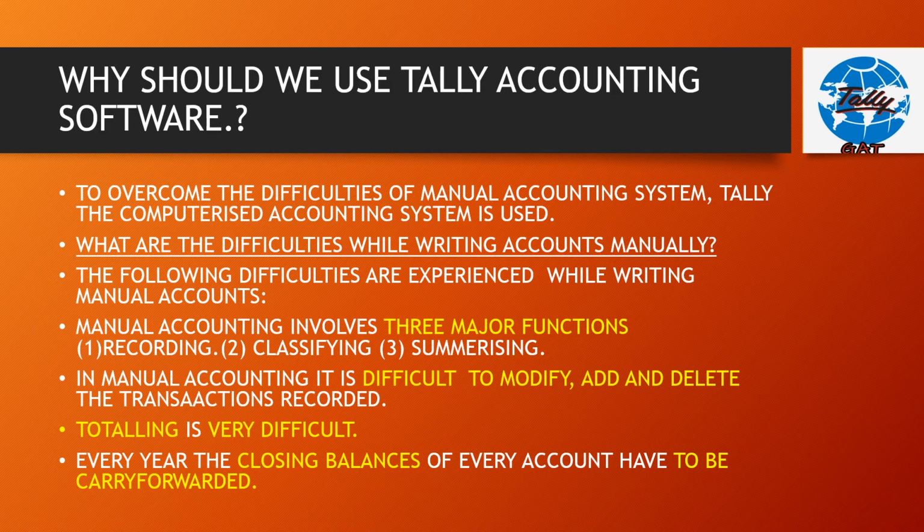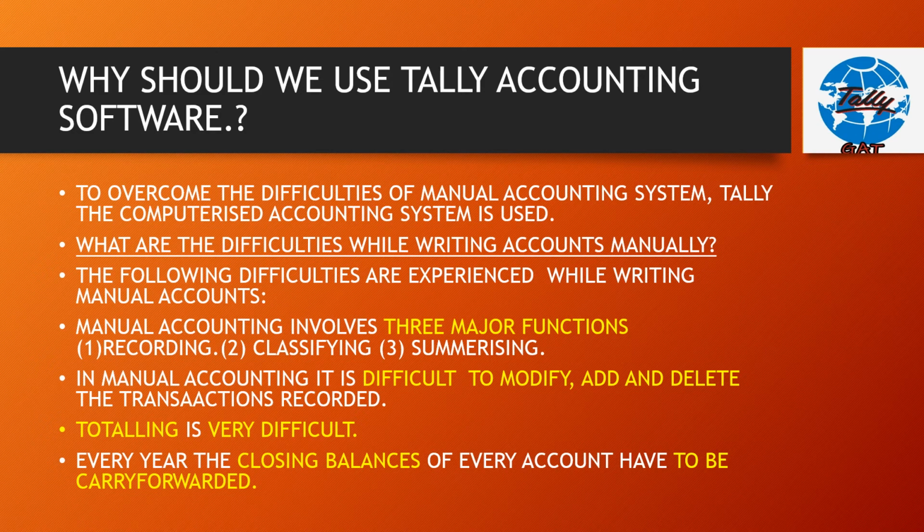Why should we use Tally accounting software? To overcome the difficulties of manual accounting system, Tally, the computerized accounting system, is used. What are the difficulties while writing accounts manually? The following difficulties are experienced while writing manual accounts. Manual accounting involves three major functions of accounting.